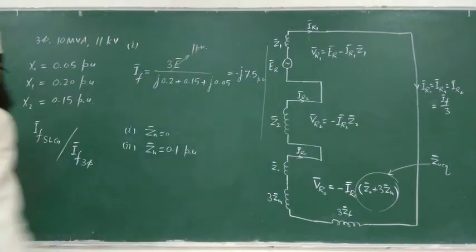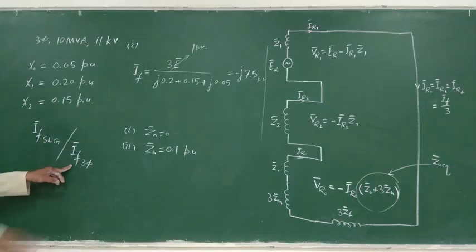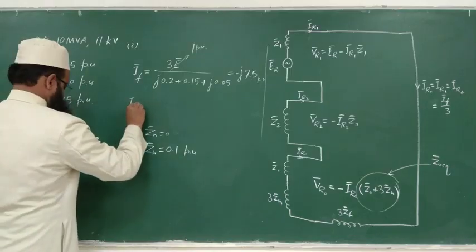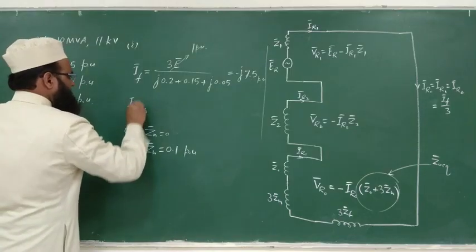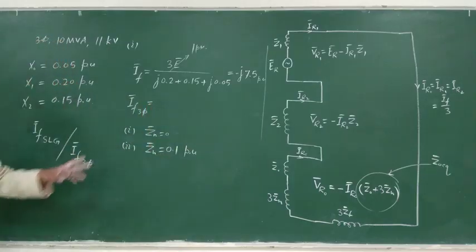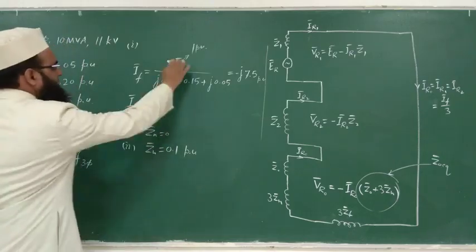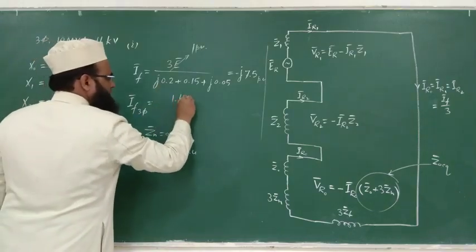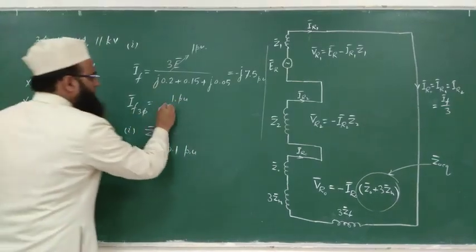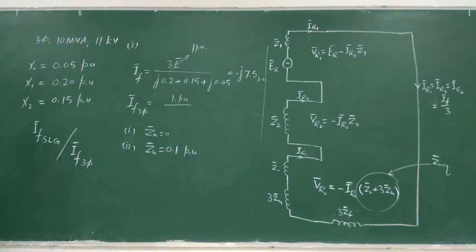What about I3 phase? For IF 3 phase, we have seen that our calculation can be done on per phase basis, and that was very simple. E is nothing but 1 per unit, upon X1.